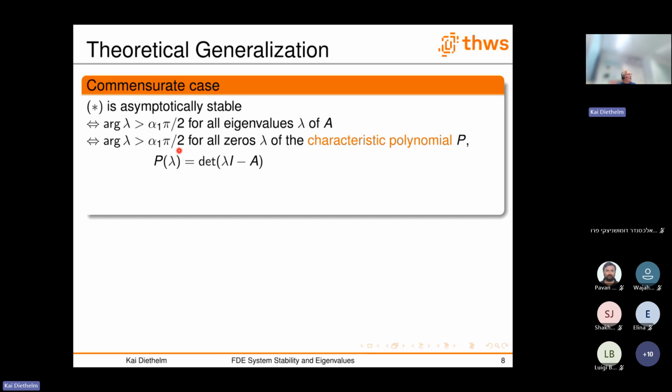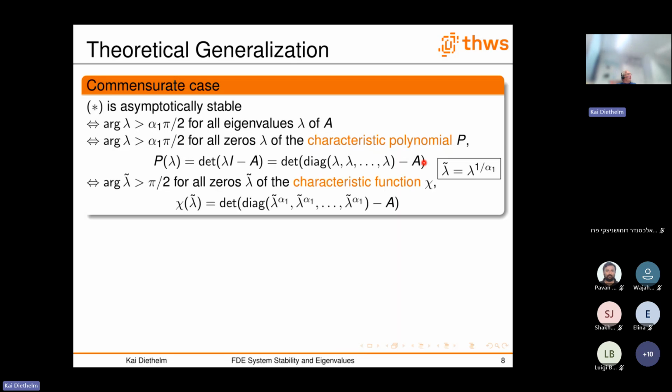Well, that's clear because the zeros of the characteristic polynomial are coinciding with the eigenvalues. And the characteristic polynomial is the determinant of this diagonal matrix, which has the variable lambda in each entry of the diagonal minus the coefficient matrix A. And then you can introduce a little substitution of variables. You introduce a new variable, lambda tilde, which is lambda to the power of 1 over the order of the differential equation, 1 over alpha 1.